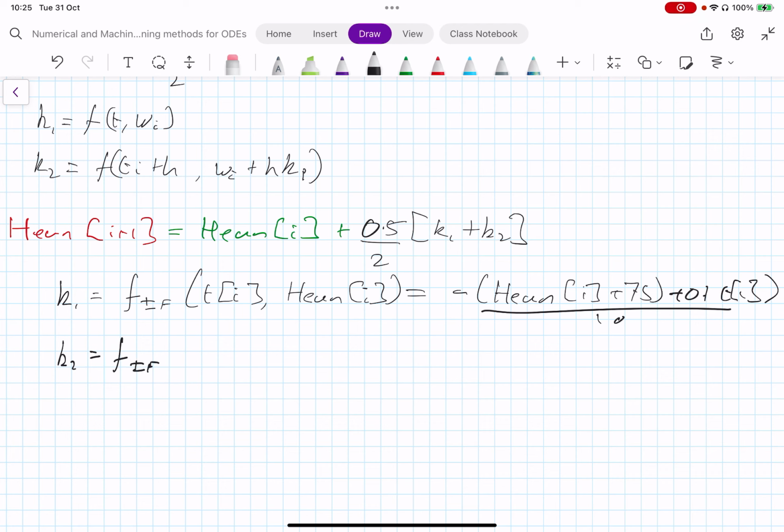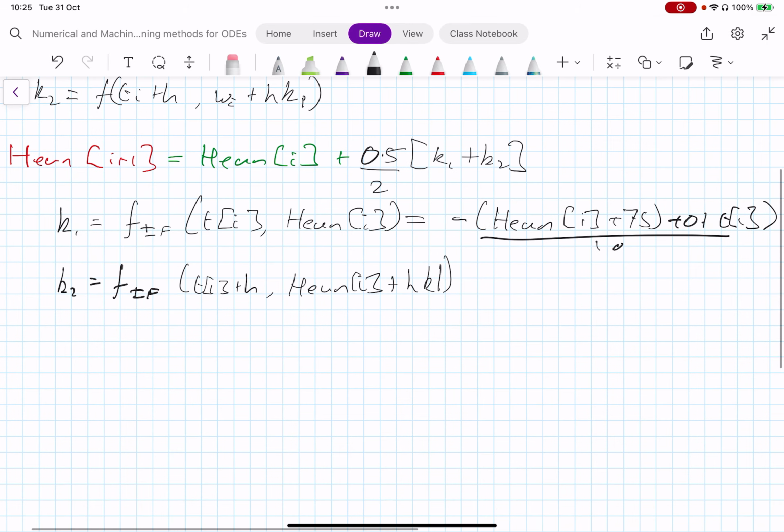K2 equals f of t_i plus h, or t_i plus 1, Heun i plus h times k1. So this is a bit more involved.